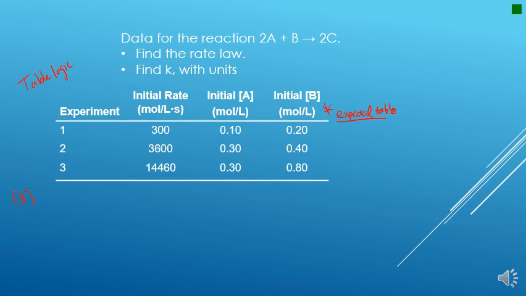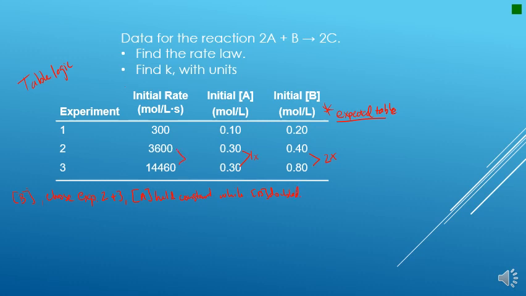Okay, so for our first part, determining the order for B. Looking at our trials, you'll notice that my A concentration is held constant in trials 2 and 3, and my concentration of B doubles. So for this one, I can say I chose experiments 2 and 3, concentration of A held constant, while the concentration of B doubled.